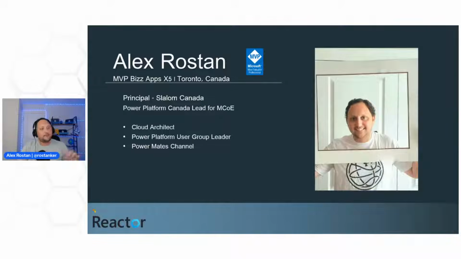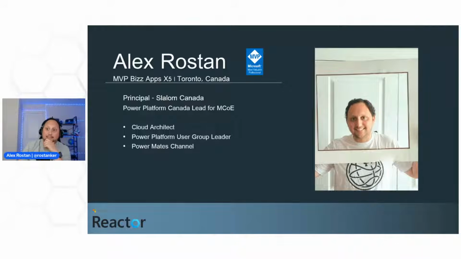So let me introduce myself quickly, when my slides want to work today. Hello again. My name is Alex Rostam. I am VP Business Applications, particularly an MVP in the business applications subcategory on Power Automate and Copilot Studio. I'm here in Toronto, Canada. As you can quickly infer from my accent, I'm not from Canada. I'm from Uruguay, South America, a small country between Argentina and Brazil. I moved here with my family a couple of years ago.